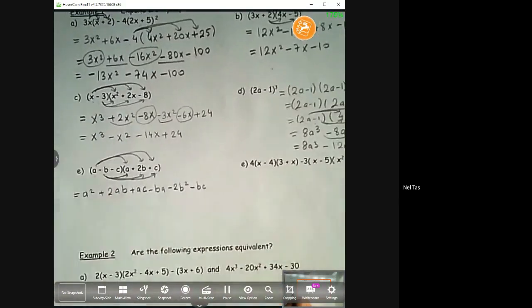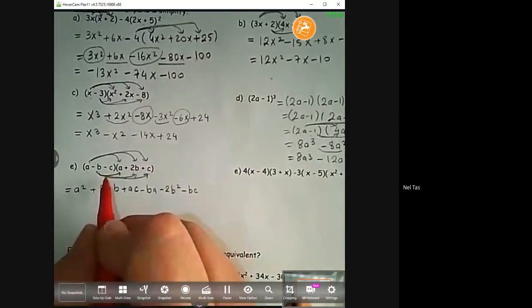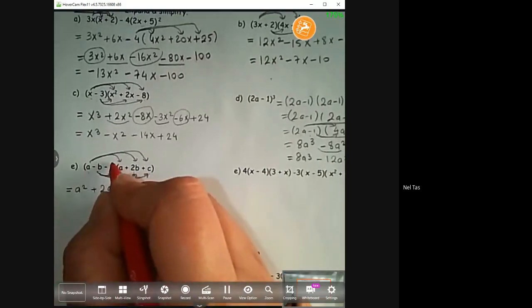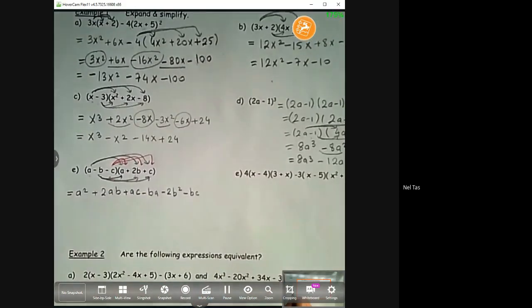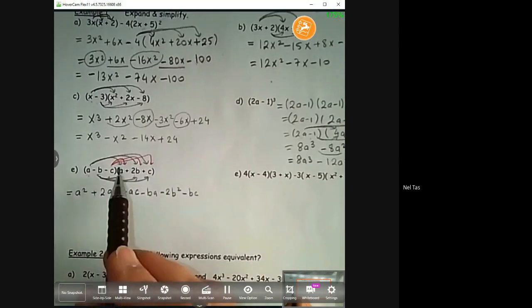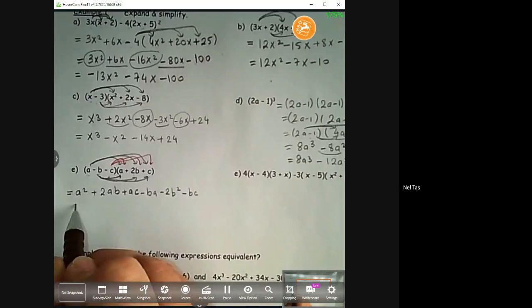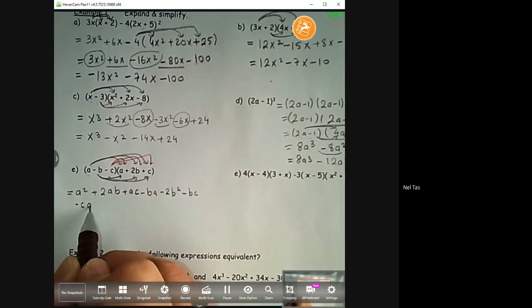Okay, now we have the third term from the first bracket. Again, we're going to multiply every term in the second bracket by that. So negative c times a, negative ca.